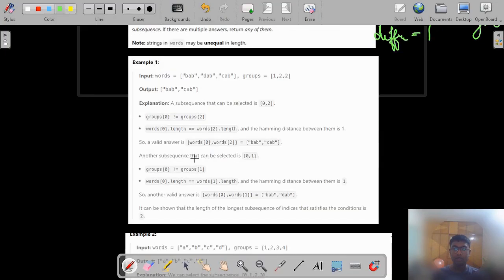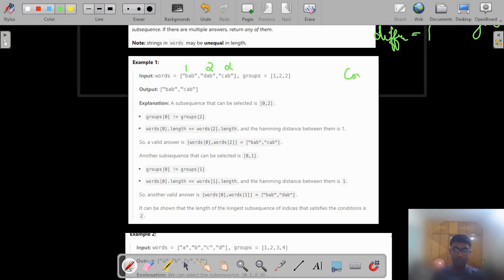Okay, so let us look at the example and try understanding this better. So we have these words, and we have index groups for them as such. If we look at this array and these groups, we have two conditions.